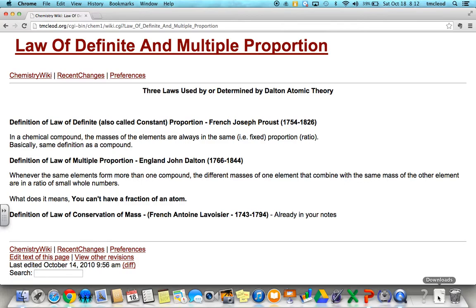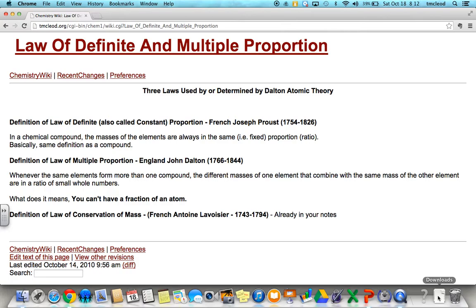But since every atom has the same mass, then if it's a fixed whole number ratio, it's also a fixed mass ratio. Remembering that when people say law of definite or law of multiple proportion, they are talking about massing things.